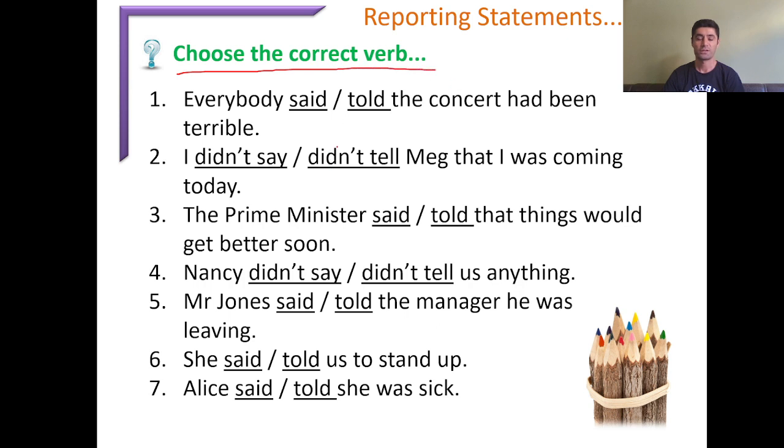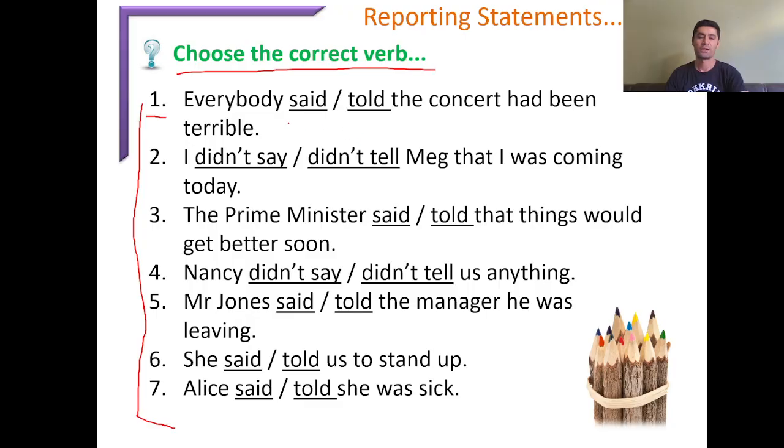You can see that we have two options here, which are say and tell. So Jenny, can you finish all of them and we're gonna check it together? Okay, if you're done, let's check your answers. Can you read the first sentence, please?